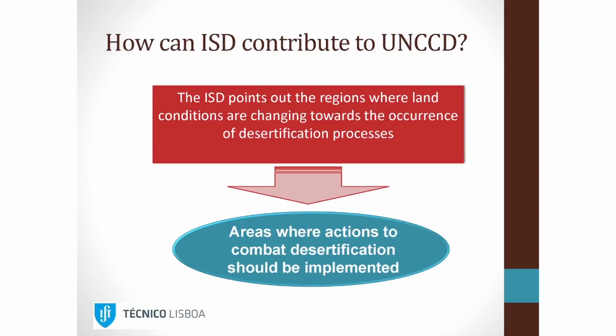How can our indicator contribute? This indicator points out regions where land conditions are changing towards the occurrence of desertification processes. This index does not point out the most or least desertified areas.